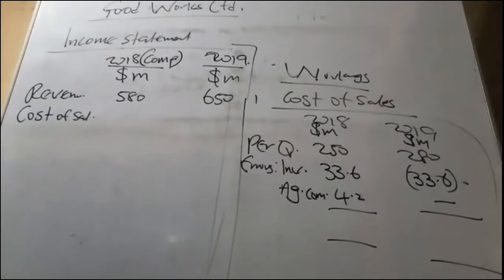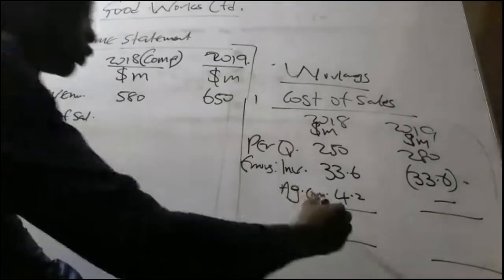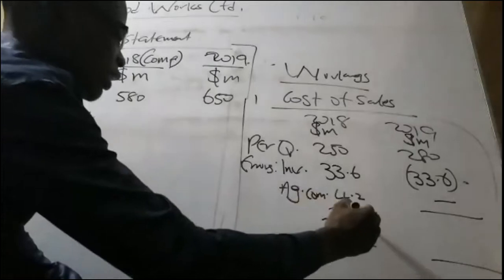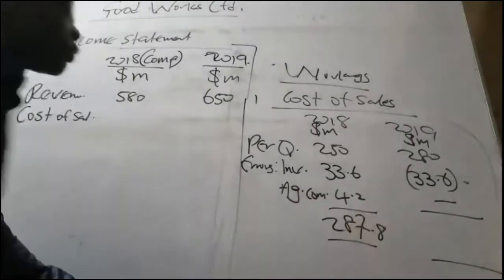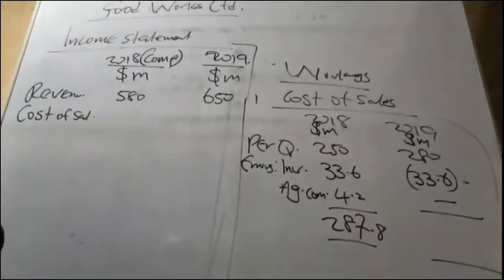So what's the actual cost of sales after the adjustment? 250 plus 33.6 plus 4.2. That'll be 287.8 million. Agreed. What about 2019?